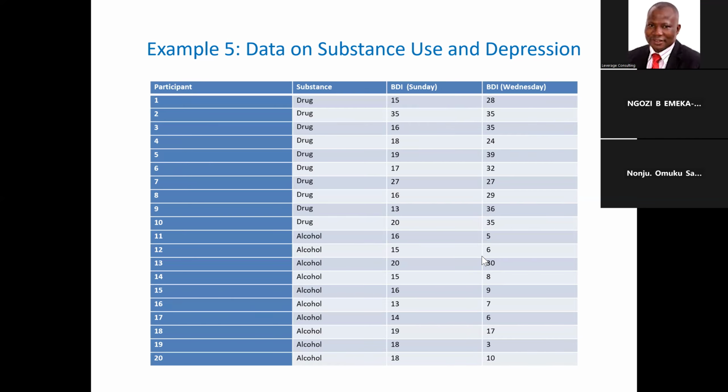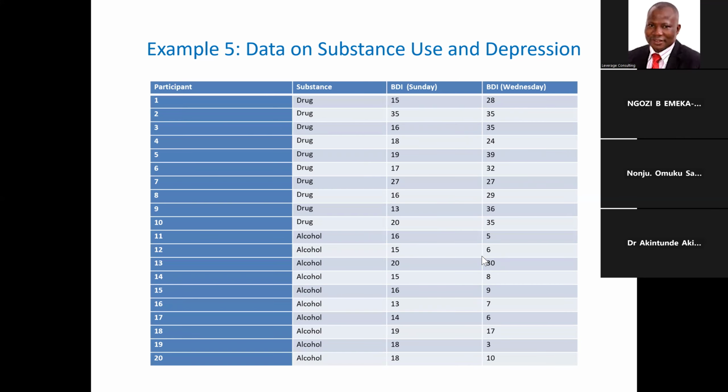If you compare the score on Sunday with the score on Wednesday, that's paired, because it's the same set of people we are looking at. These people that take drug, what is their depression on Sunday compared with Wednesday? The same thing with people taking alcohol. So in that situation, you are dealing with paired observations. So we are going to look at it as independent and paired observation.